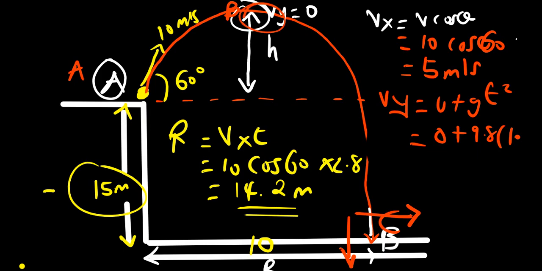Because this is the final velocity in the y direction, your initial Vy, because that's where I'm starting from, is 0. But now the time that we're talking about is from here going in that direction.